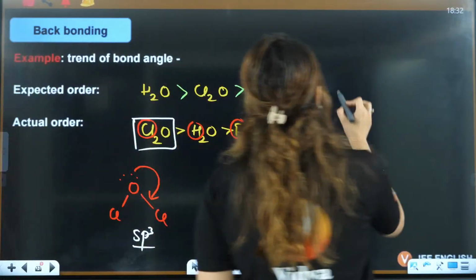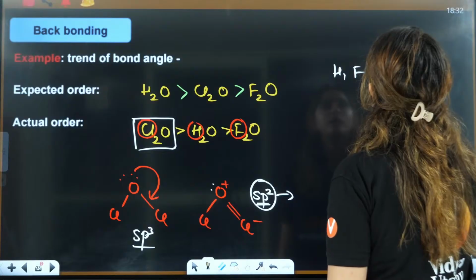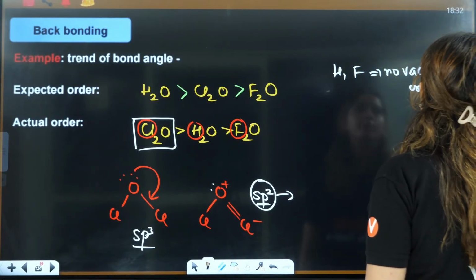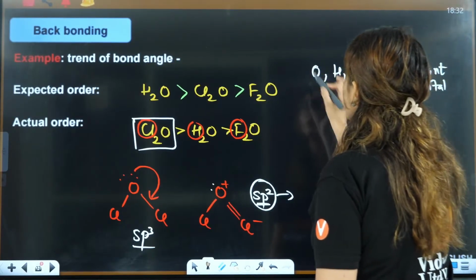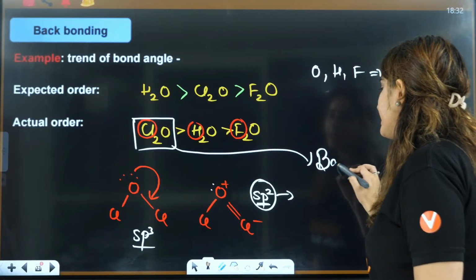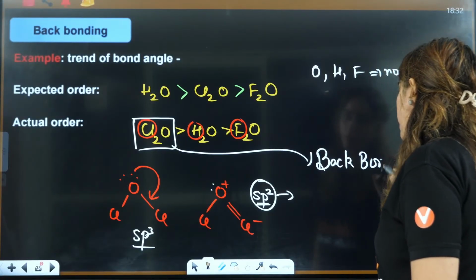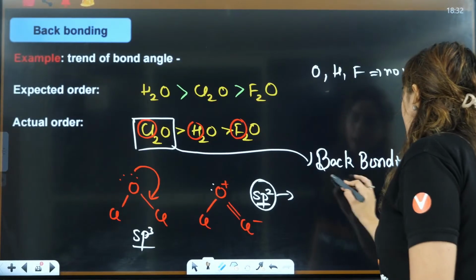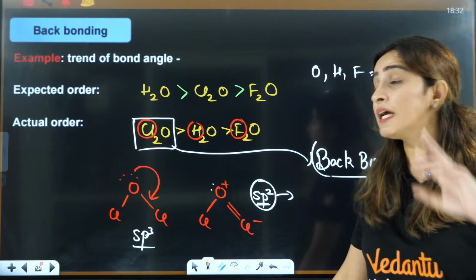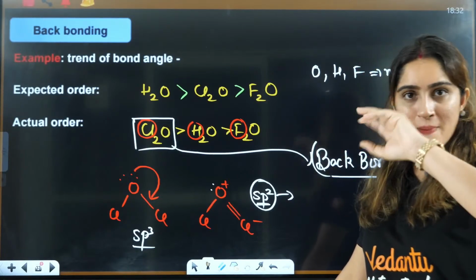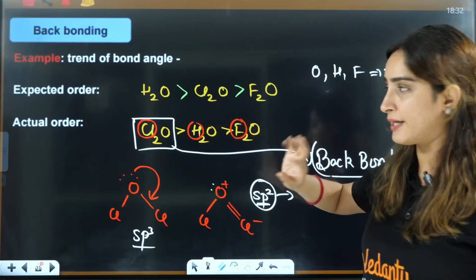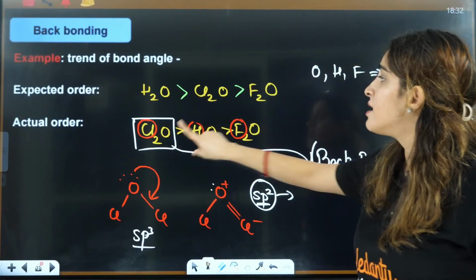Now you'll just write that hydrogen and fluorine have no vacant orbitals. Oxygen also does not have any vacant orbitals. Back bonding is only taking place over Cl2O. That's why, if you compare H2O and F2O, H2O is greater. If you compare Cl2O and this, Cl2O is greater.